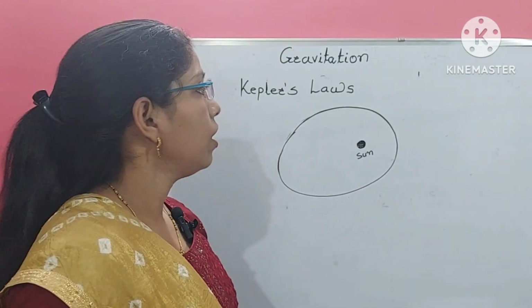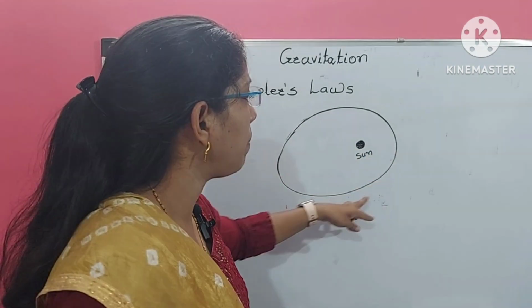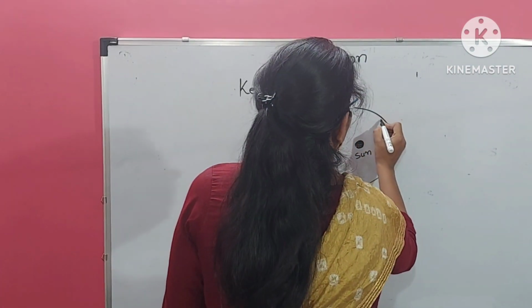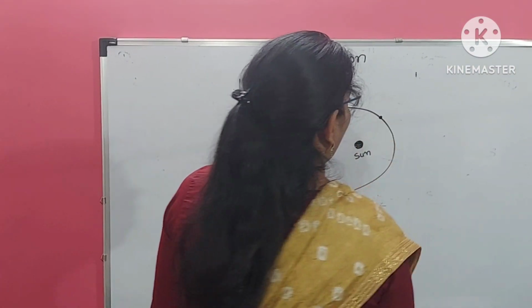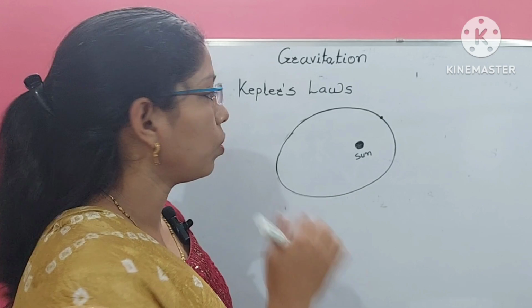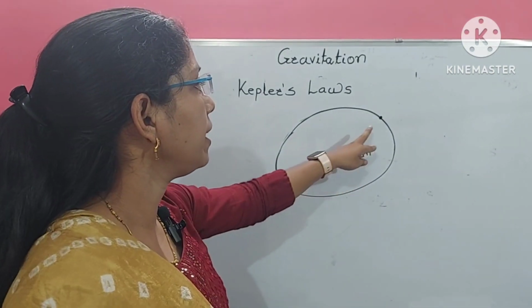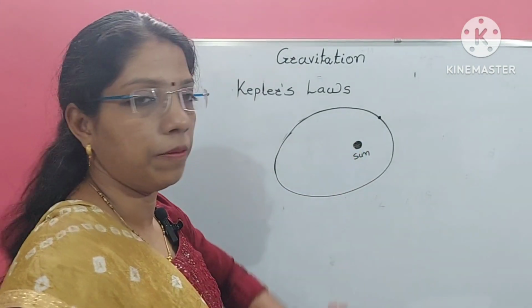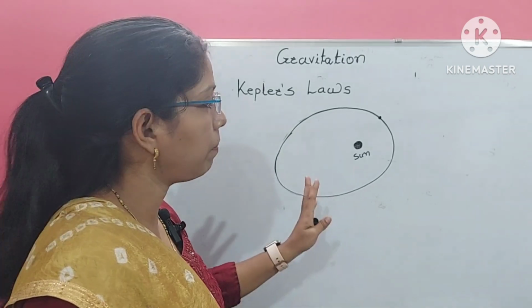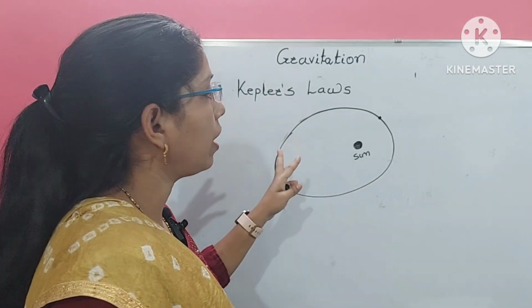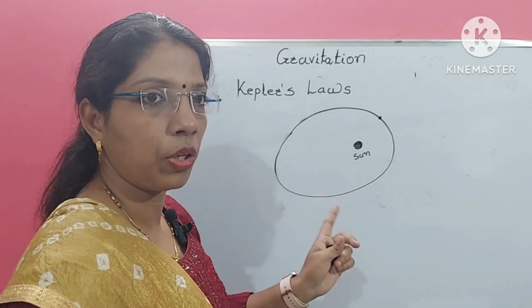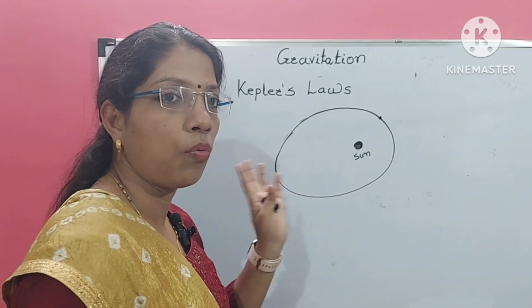So this is the orbit of the planet. Suppose there is a planet here like this, orbiting around the sun. The orbit shape is elliptical, and the sun is present at one of the foci. We have seen the meaning of foci.